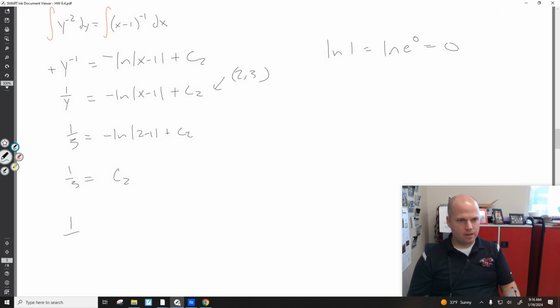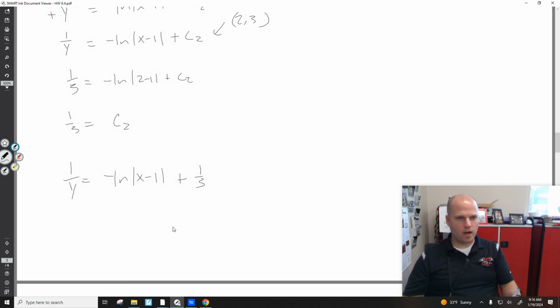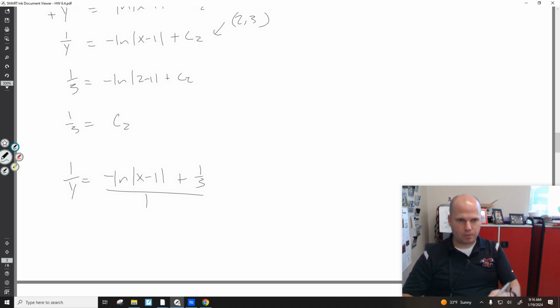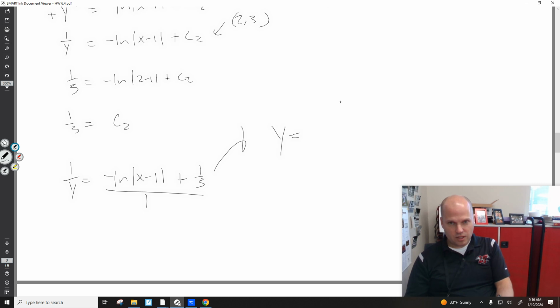Okay. Now, again, we've seen this before. Don't try to be fancy when you're solving for y. If I wanted to get y in the numerator, I'd flip both sides. I'd take the reciprocal of both sides. Well, that means the entire right side ends up in the denominator.